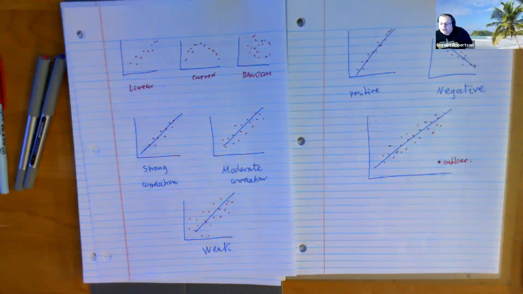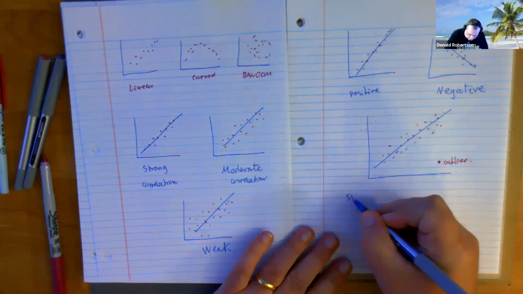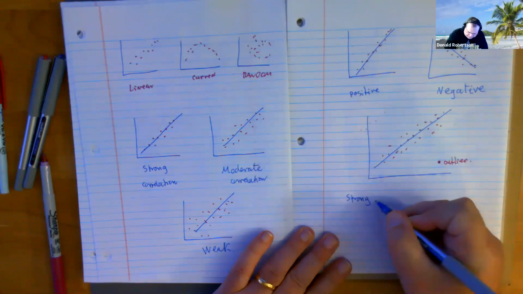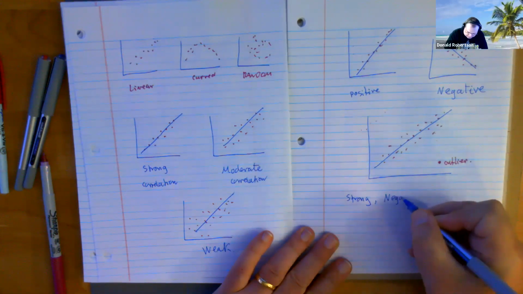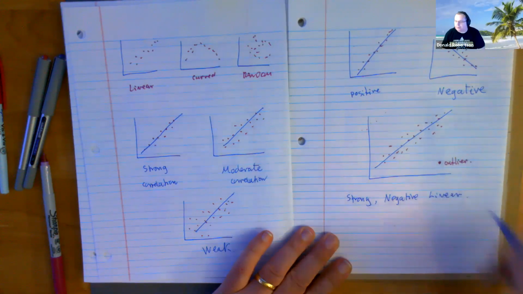That means I should be able to describe a scatter plot by words. So suppose I said to you it was a strong, negative, linear shape.